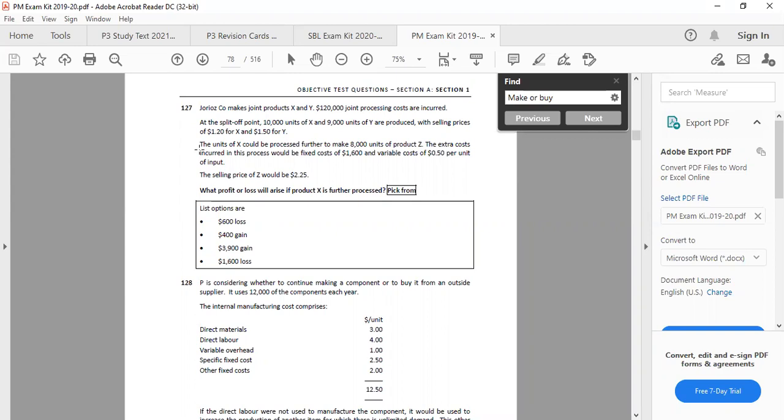At the split off point, 10,000 units of X and 9,000 units of Y are produced with selling prices of 1.2 for X and 1.5 for Y. The units of X could be processed further to make 8,000 units of Z. The extra costs incurred in this process would be fixed costs of 1,600 and the variable cost of 0.50 per unit of input. The selling price of Z would be 2.25. What profit or loss will arise if product X is processed further? Only for X it is asked.